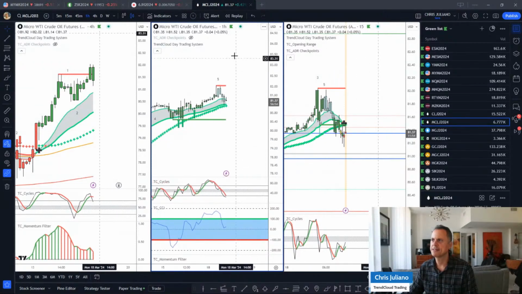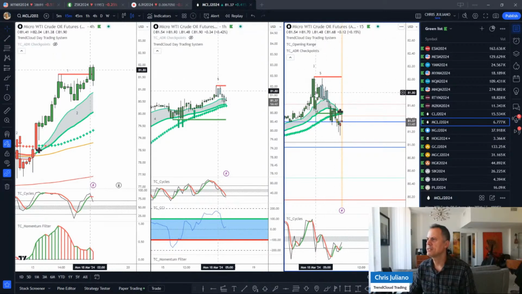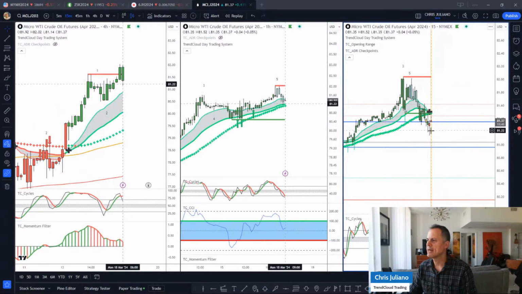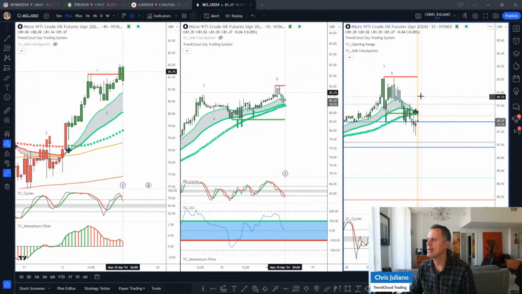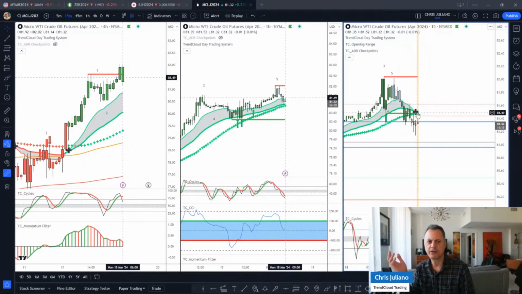So now we've got the 1 hour and the 15-minute has gone extended. And take a look how that 15-minute extended trend has pulled back and recalculated. Pulled back, recalculated, and now trying to make another move up, hitting that 50 simple moving average. Because we're below the 50 simple moving average, it's going to want to find resistance, because that's a level of resistance, right?